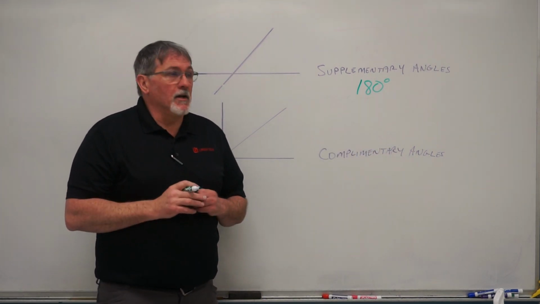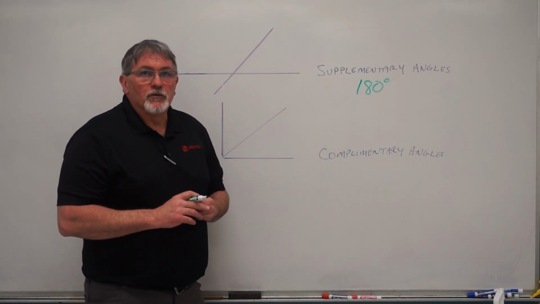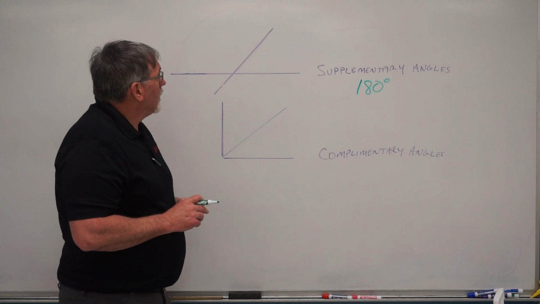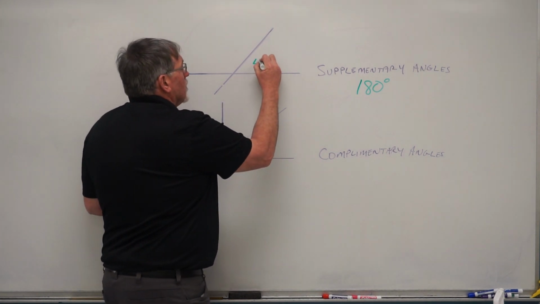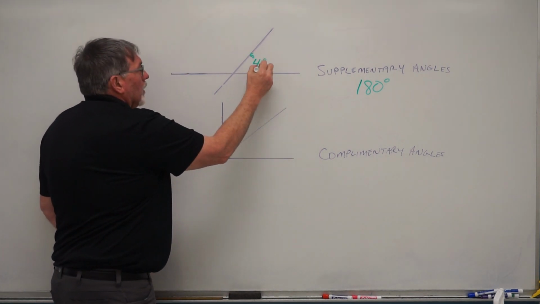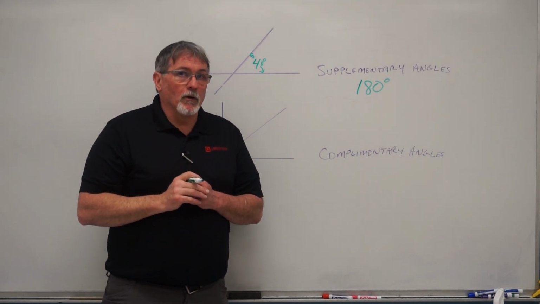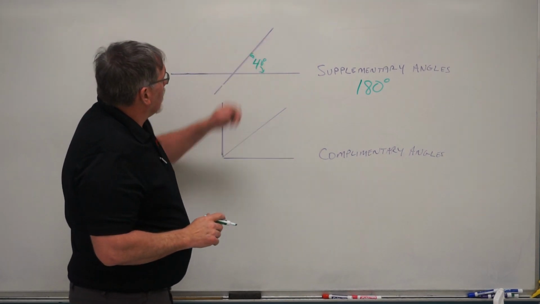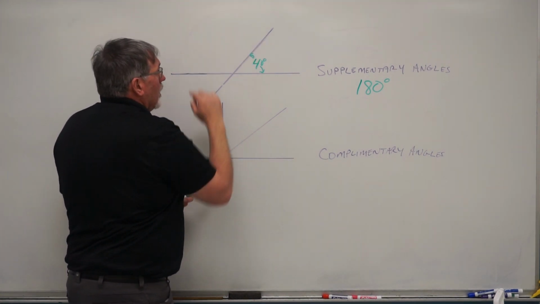Well, what that means is this. I'm going to give you the size of this angle. So let's just call this a 40-degree angle, okay? From here to here. So if we know that's a 40-degree angle from here to here, then what is our supplementary angle from here to here?